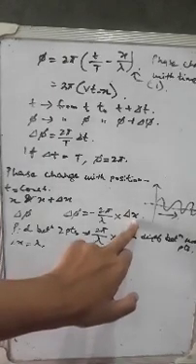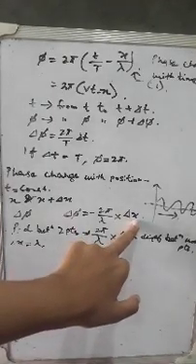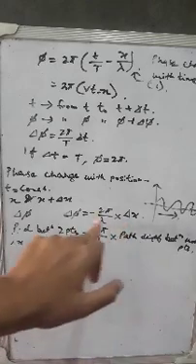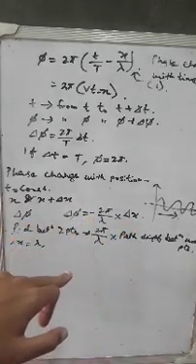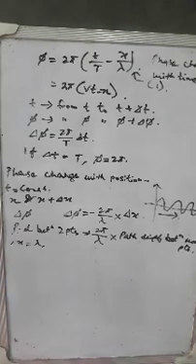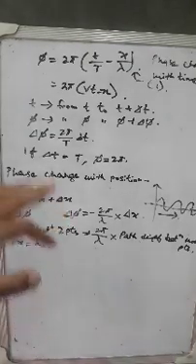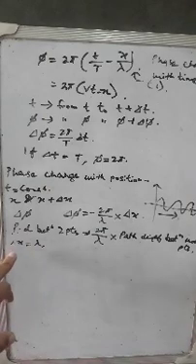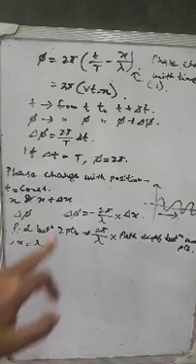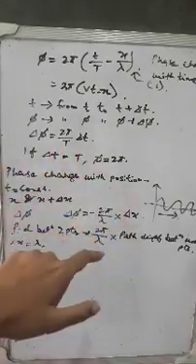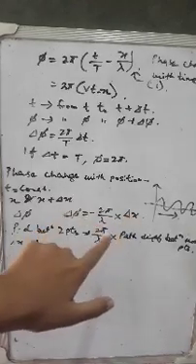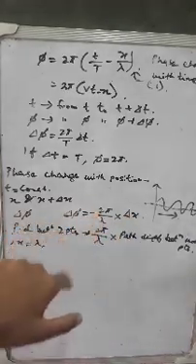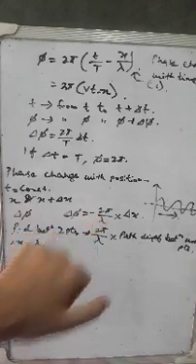Repeating once again: you put del x as lambda, ignoring the sign, so lambda cancels and your phase change equals 2 pi.